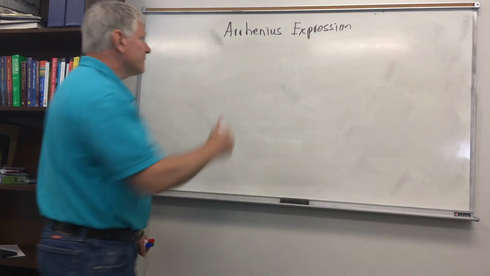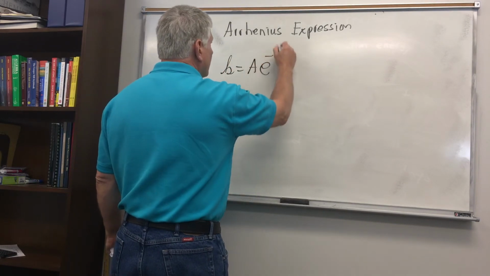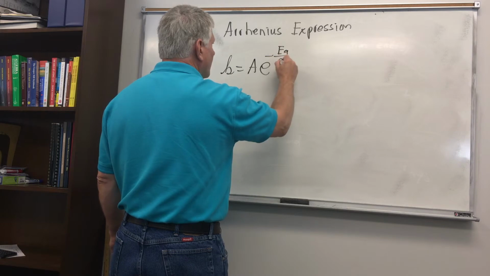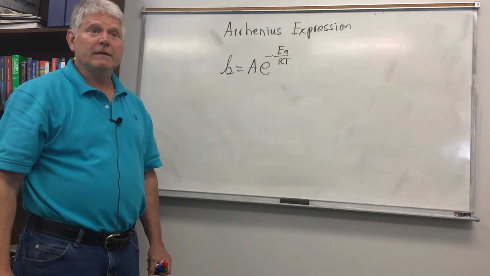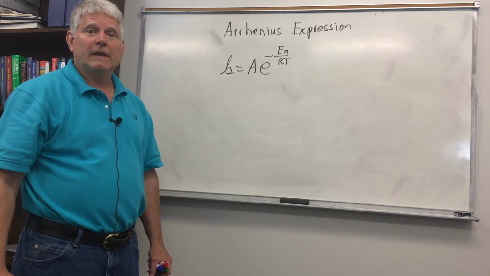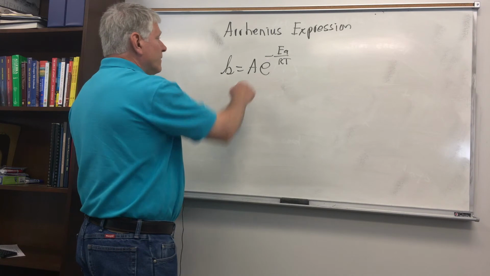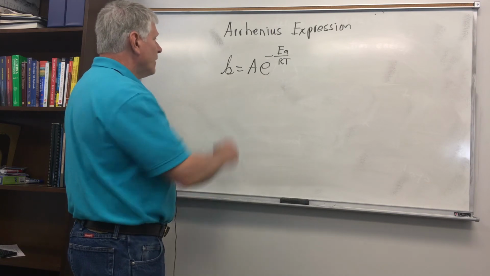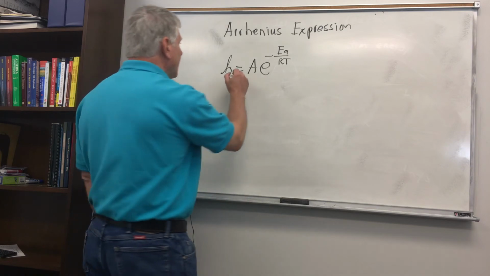Using the Arrhenius expression, the frequency factor is sometimes difficult to calculate, and we'd have to measure it experimentally if we wanted to get it. If we take the ratio of the rate constants at different temperatures, the frequency factor will cancel.